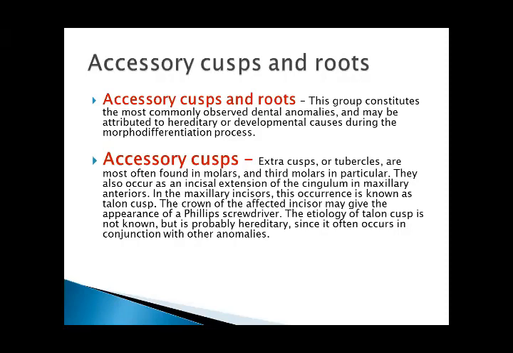They also occur as an incisal extension of the cingulum in maxillary anteriors. In the maxillary incisors, the occurrence is known as talon cusp. The groove of the affected incisors may give the appearance of a Phillips screwdriver. The etiology of talon cusp is not known, but is probably hereditary, since it often occurs in conjunction with other anomalies.